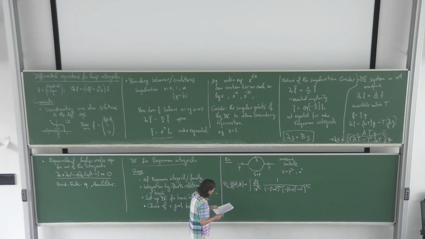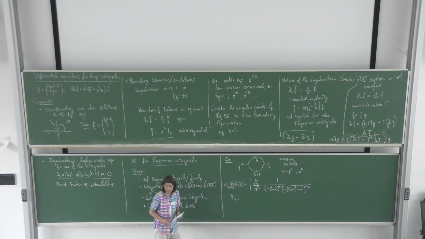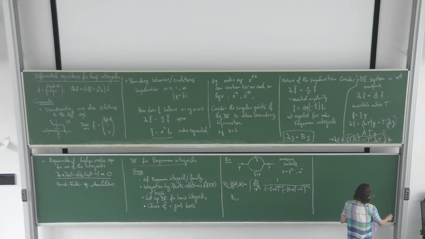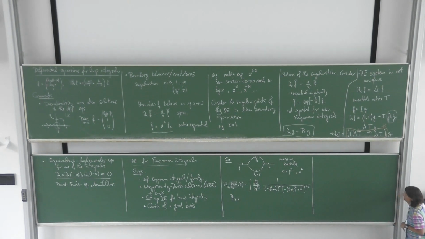So the bubble integral that you're used to, the bubble integral up here, would just correspond to the indices a1 and a2 being equal to 1. And now with this, I can already say what I meant by integral family.